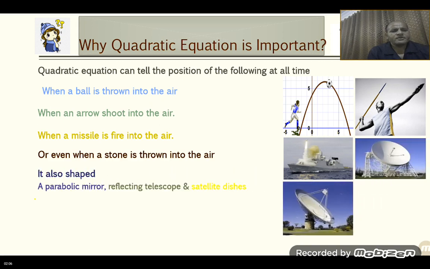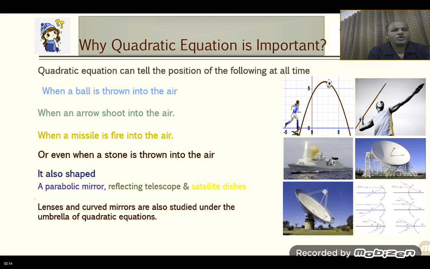It also shapes a parabolic mirror, reflecting telescope and satellite dishes. Lenses and curved mirrors are also studied under the umbrella of quadratic equation.